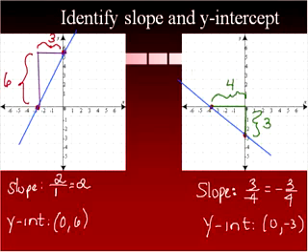So if we create a fraction with 6 over 3, you can see that that also gives us 2. 6 divided by 3 will give us 2 as the slope. And that ends the session on graphing lines.